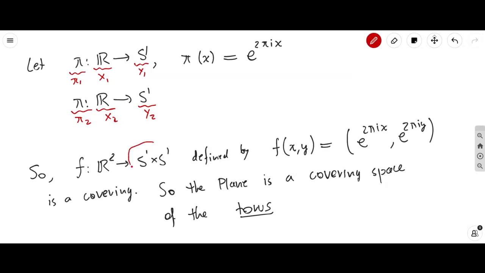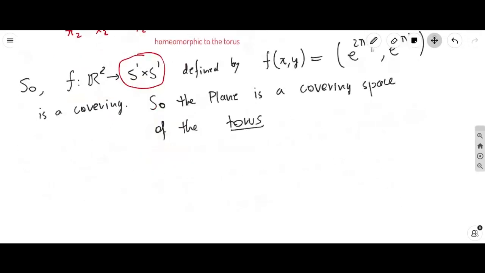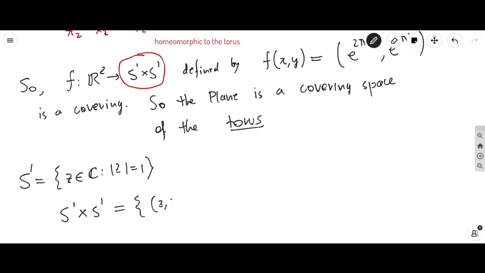So this is one of the ways you can describe a torus. So this is, of course, homeomorphic to the torus. This is not exactly something you can visualize, because if you were to write this out, S1 would be points in the complex plane whose norm is 1. So then you would say that a product of two circles will consist of pairs of complex numbers with the property that both of their norms are equal to 1.